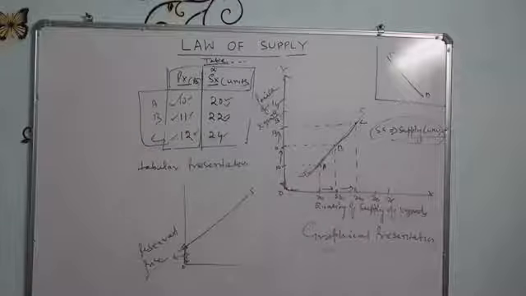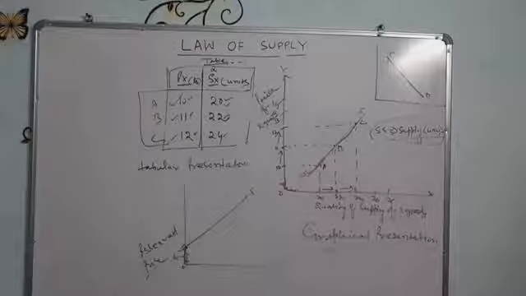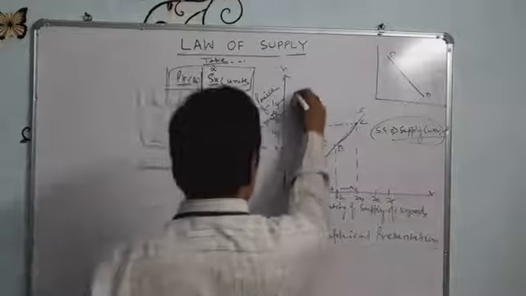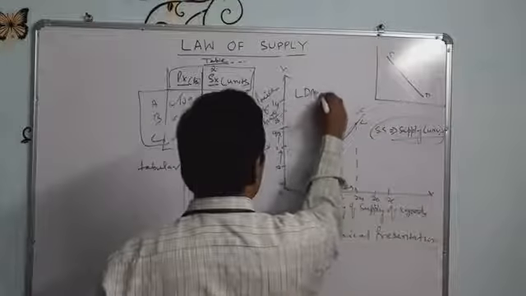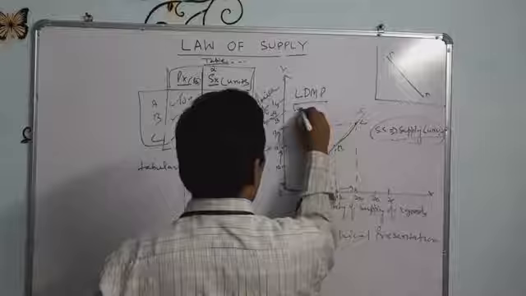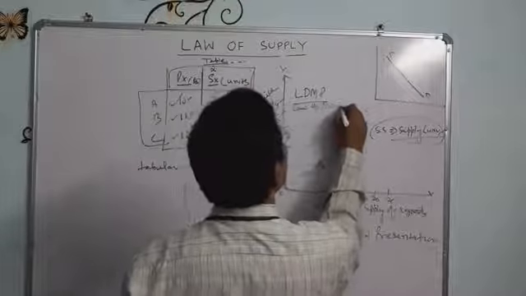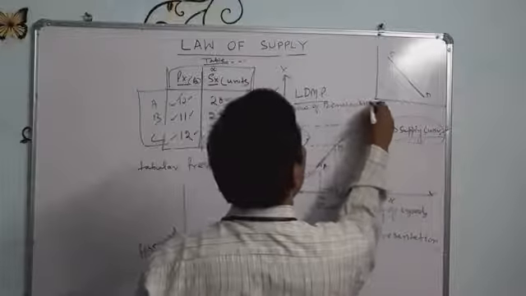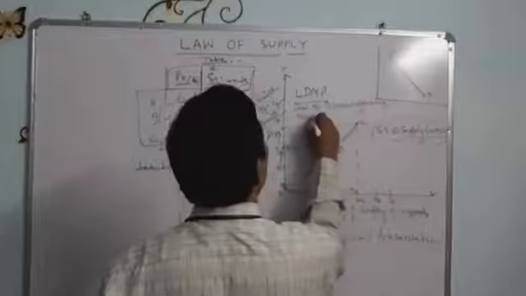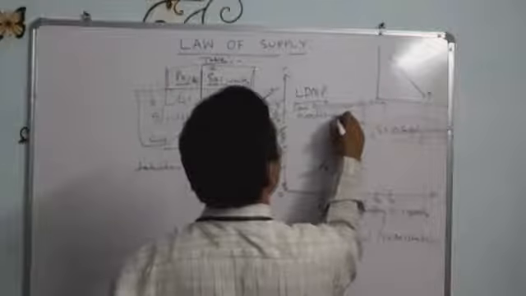Law of diminishing marginal utility, income effect, substitution effect, new consumers, all these points we have already discussed. Similarly, here there are only two points. One is the law of diminishing marginal productivity.